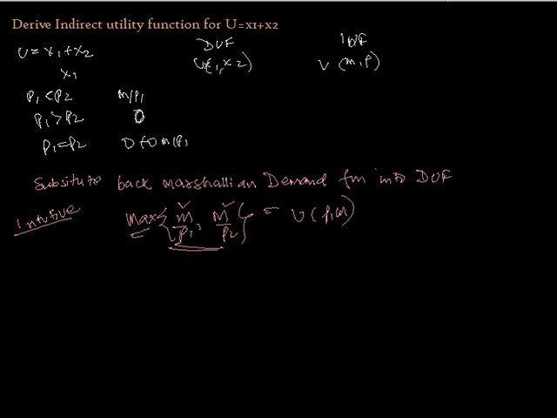We can even simplify it further by saying that if you take m common, then the denominator would become min of p1, p2. Remember, there is no change between these two expressions. I've taken just m common.